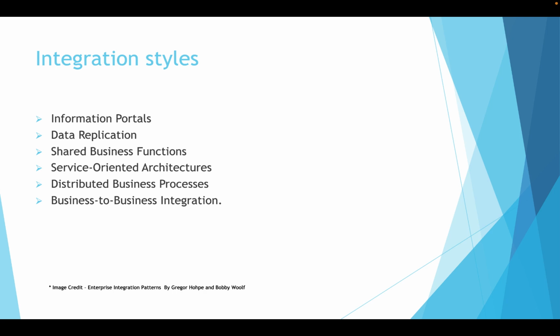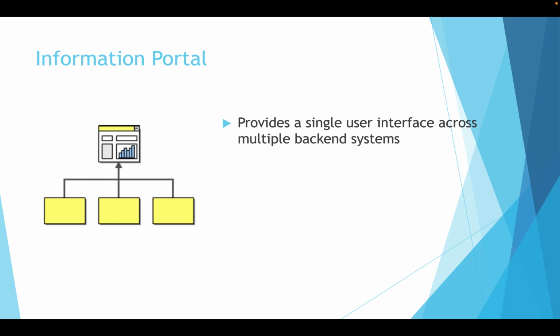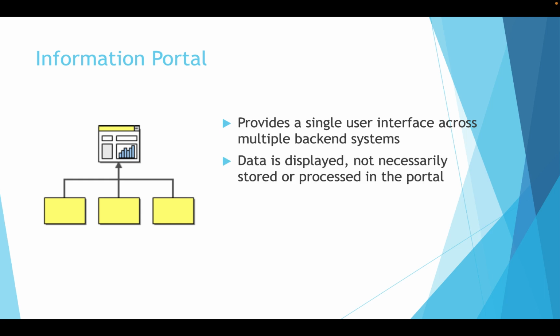Now let's go through each one of them in a little more detail. The first one is information portal. An information portal provides a single user interface. Data is displayed, not necessarily stored or processed in the portal. You can see in the diagram, you have a portal or a dashboard at the top.